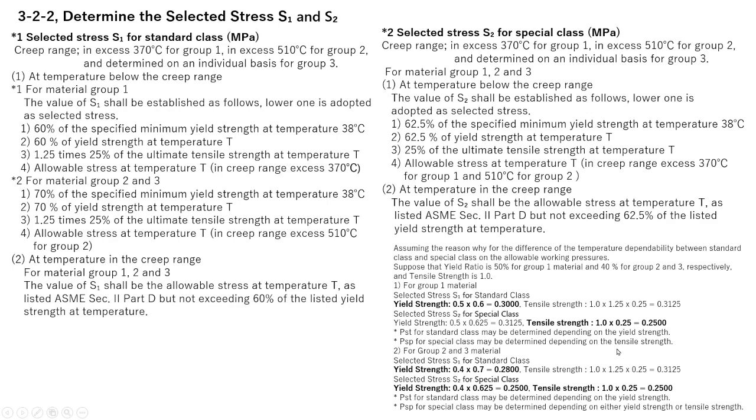So we understood that the standard class rating curve is very likely the yield strength curve, and the special class rating curve is likely the tensile strength curve. That is very understandable here.